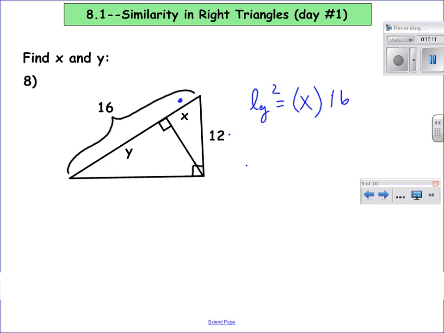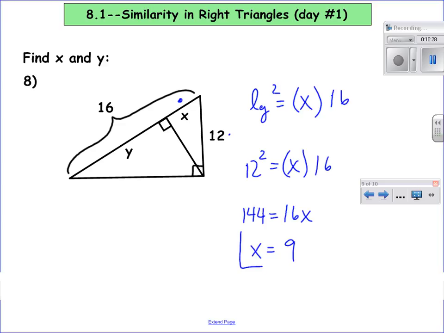The leg squared, so 12 squared, equals x times 16. 144 equals 16x, and that makes x equal to 9, which makes life easy for us here. Again, this picture isn't really drawn to scale, but if this is 9, this has to be 7. You're going to run into that once in a while, so y is 7.